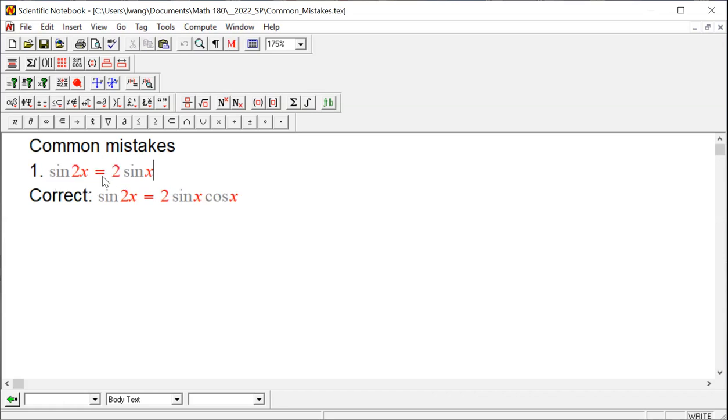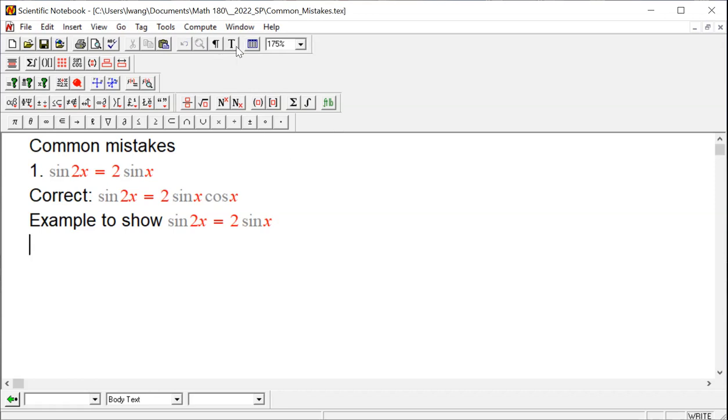It looks like the student just takes out the 2 and puts it outside sine x. You cannot do that. To demonstrate that these two are not the same, we can just use an example. Remember the mathematical fact: if true, always true; false once, false.